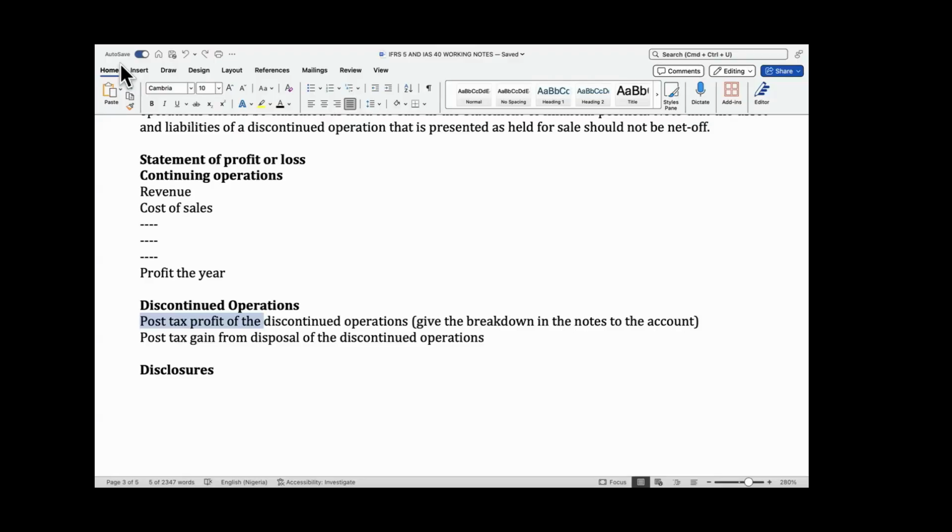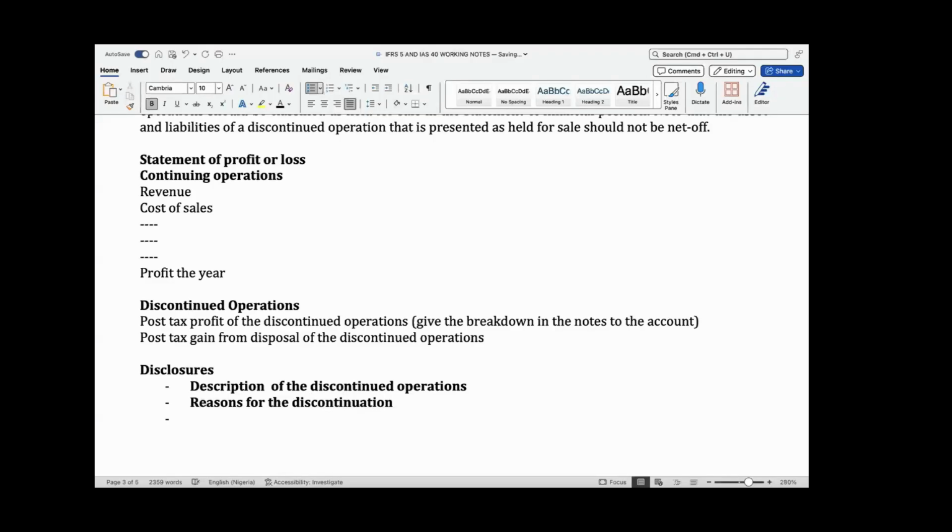Okay, I was just holding on in case you had other questions, but I'm not sure there is any. So when you have discontinued operations, you're expected to give a description of the discontinued operations. Also, you're expected to give us the reasons for the discontinuation.